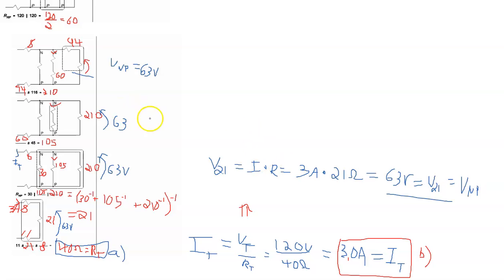The current we're looking for through the 45 is this current right here, and so the current through the 45 will be VNP divided by the resistance of that branch, which was this 105 ohms. Let me indicate that we're moving up now, doing our calculations across there.